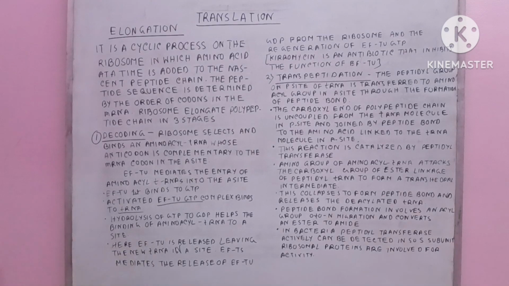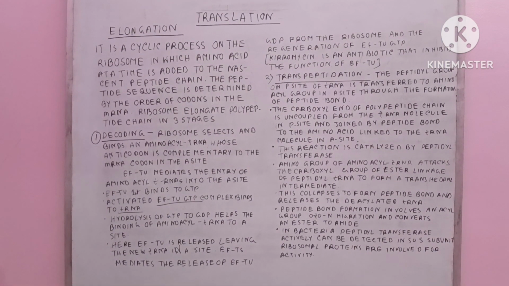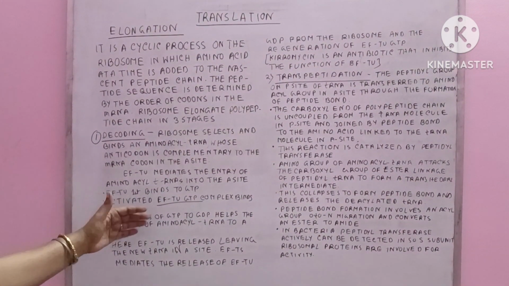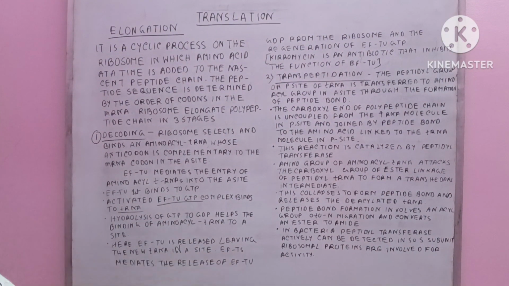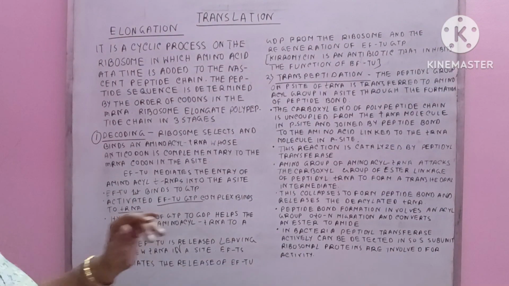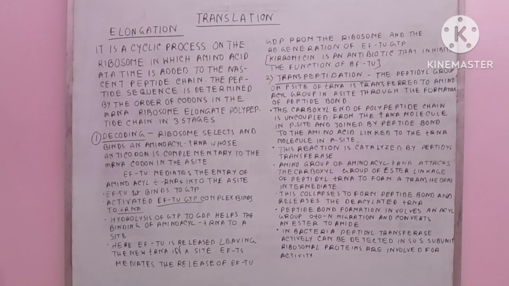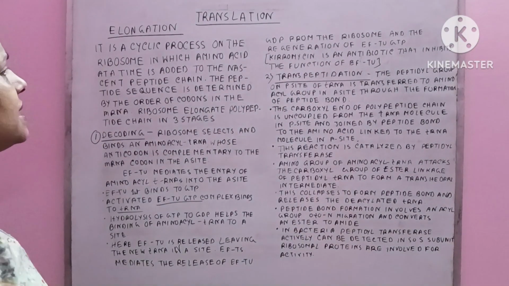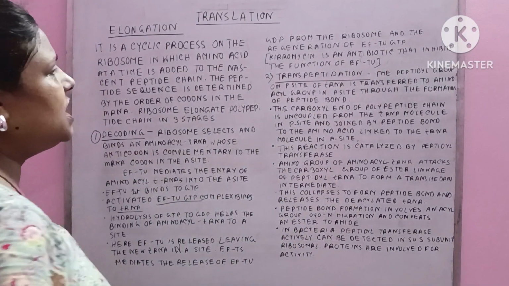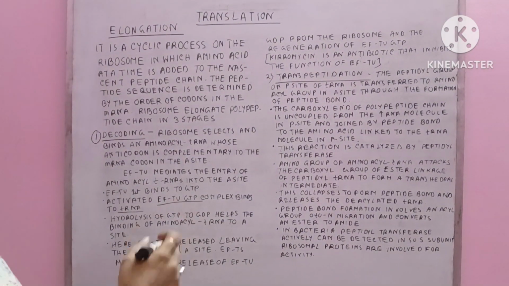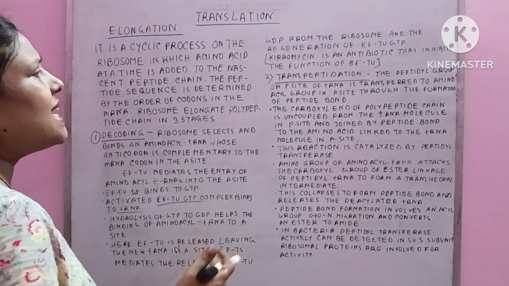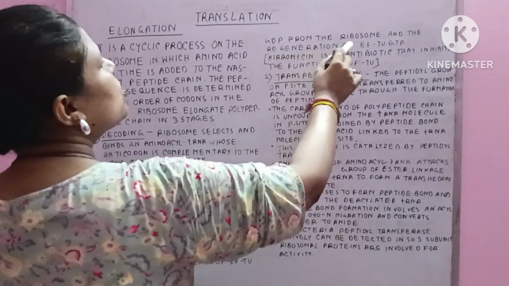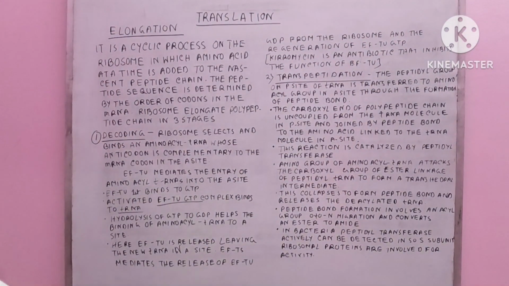That means EF-Tu cannot be released from the tRNA alone. So EF-Ts helps in releasing the EF-Tu, releasing GDP from the ribosome and the regeneration of EF-Tu-GTP. So after releasing, the regeneration of EF-Tu is seen. Clear?